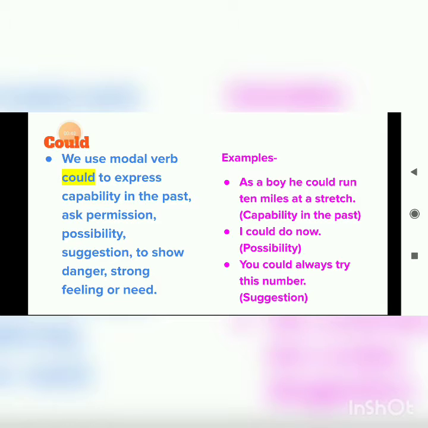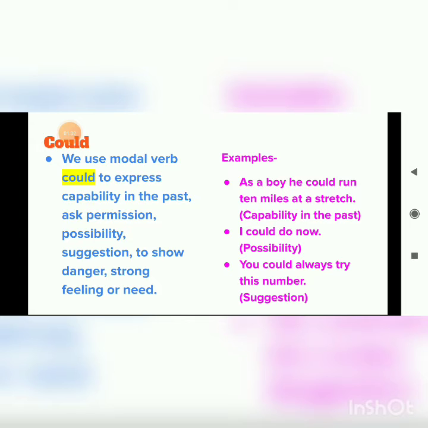Next one is could. We use modal verb could to express capability in the past, ask permission, possibility, suggestion, to show danger, strong feeling or need. Examples: as a boy, he could run 10 miles at a stretch.